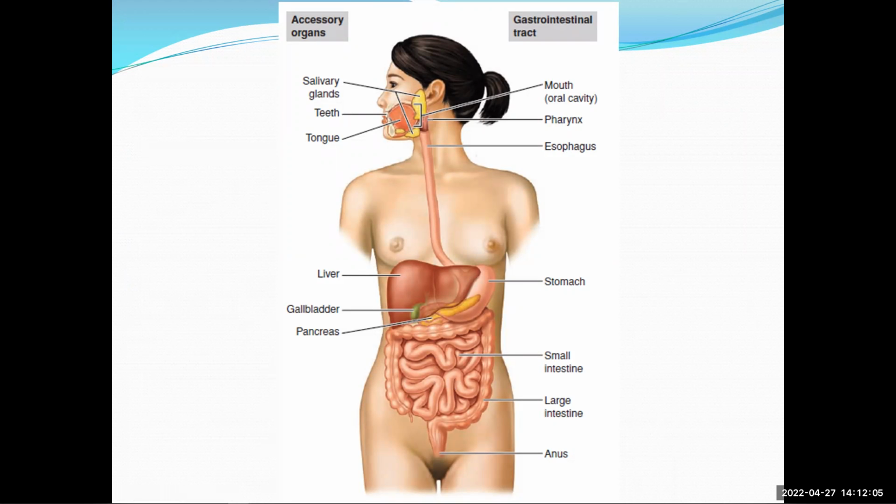In terms of length, how long is the small intestine? Approximately how long? In terms of feet and inches, even though we're supposed to be metricated, but I would allow it. If you were using the height of a woman as a guide, the average height of a woman, how long is the small intestine?